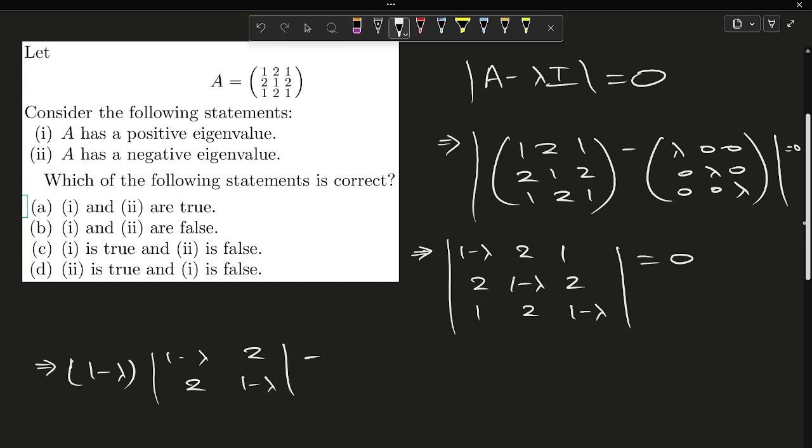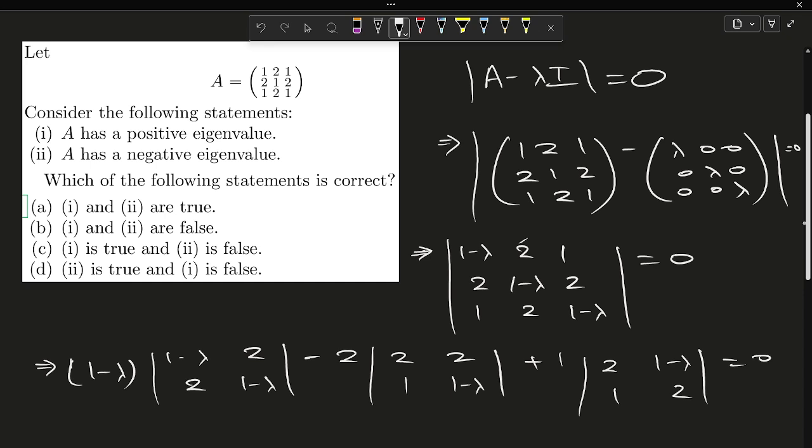For the minus sign, the second item is 2, and the minor corresponding to 2 will be 2, 2, 1, 1 minus lambda. Now for plus 1, the minor will be 2, 1 minus lambda, 1, 2, which will be 0.